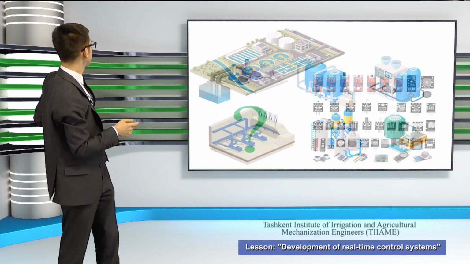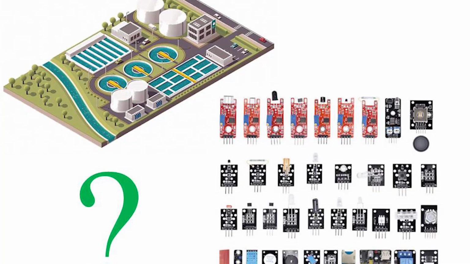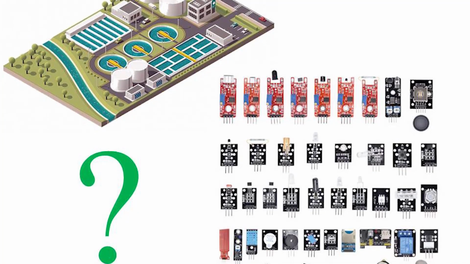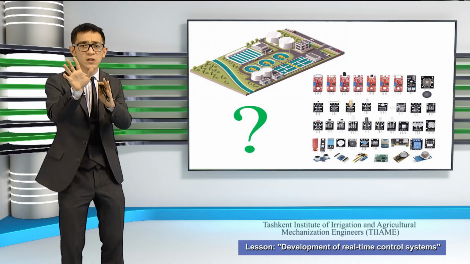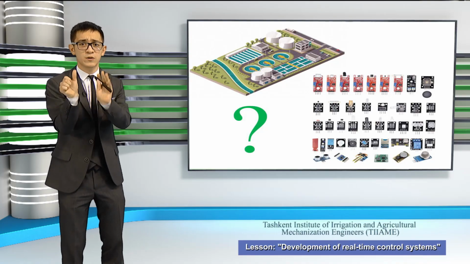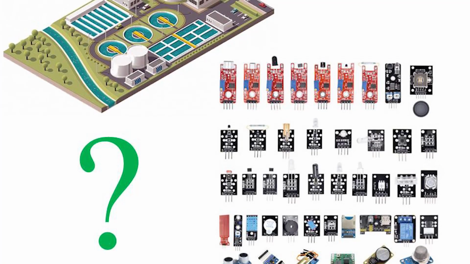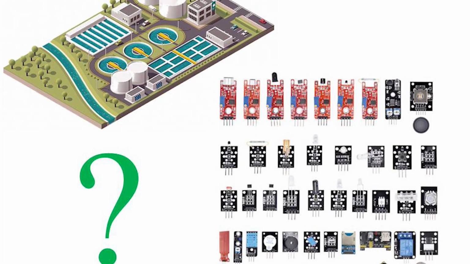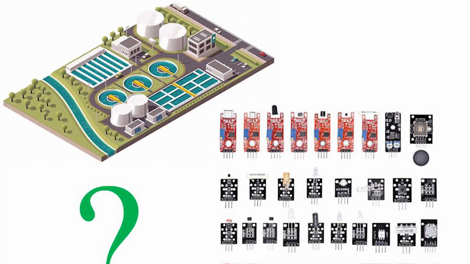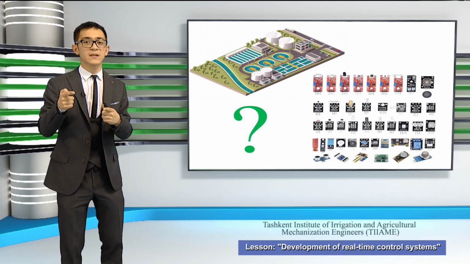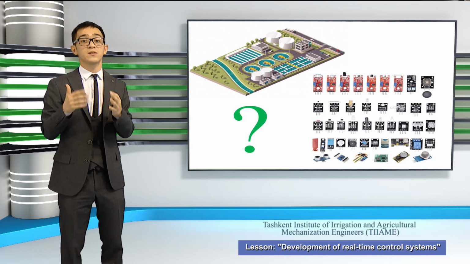Let us see. Here we have an object, a water purification station, a factory where dirty water is purified to pure water. And you see here all the technology processes, all the six which I counted before. All these technology processes have different physical values. So these different physical values need correct sensors. These correct sensors must be chosen by their technology values and technology characteristics.